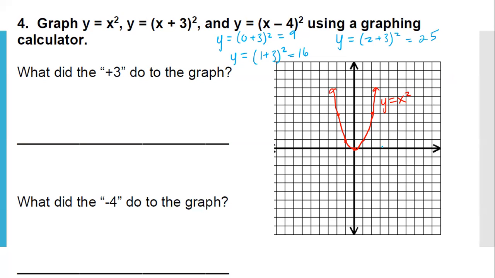Okay, and so when I plug these values in, if I go to 0, I'm now at 9.